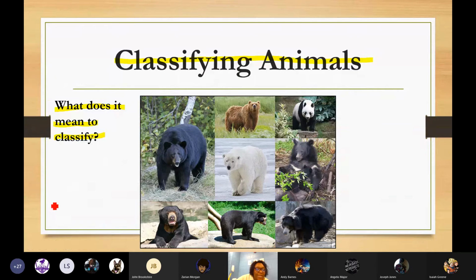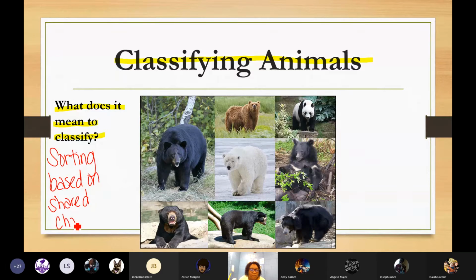And we want to make sure we understand that classifying means sorting based on common or shared characteristics. You do not have to draw that family of bears. You do need to write down anything Ms. Neville has highlighted.